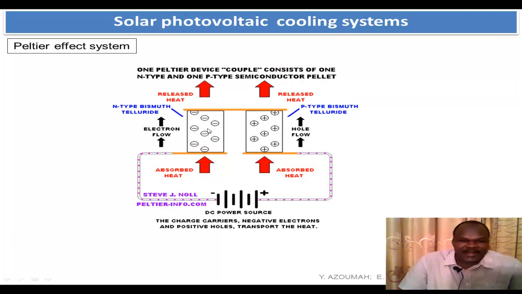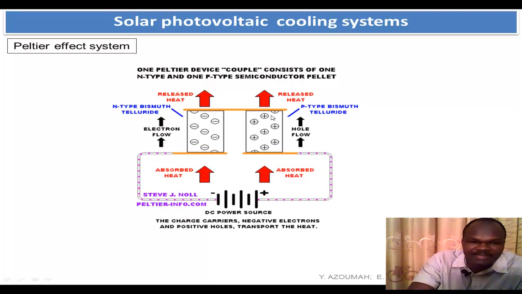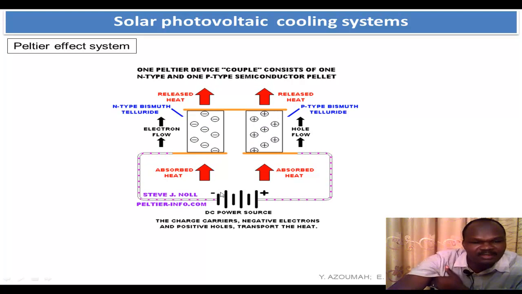Now if you take these two and you join them, how did you join them? You see the top is joined together, and then the bottom is more or less joined through the circuit, and then you power it. So you have the electrons. Between two semiconductors there is some energy gap.